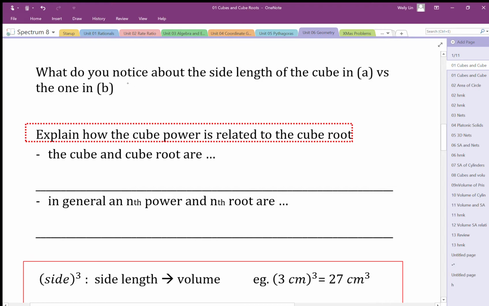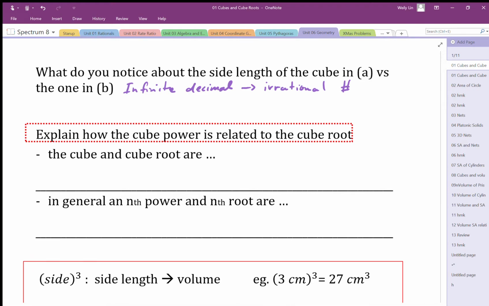It is an infinite decimal, which is what we call an irrational number, a number that can't be put into a fraction. So this is a big idea here.